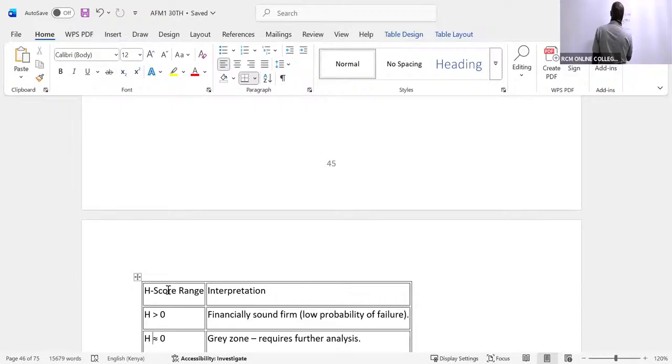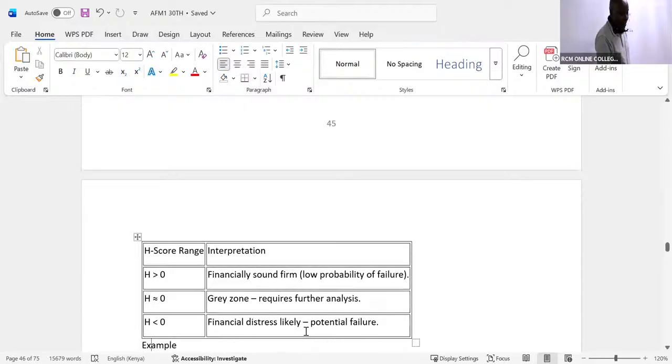This side will be negative, and this side H will be positive. If H is greater than 0, if it is positive, then this organization is financially sound. The organization is doing very well. If H is 0, it's a gray zone, requires further analysis. And if H is negative, it is an organization which is financially distressed.